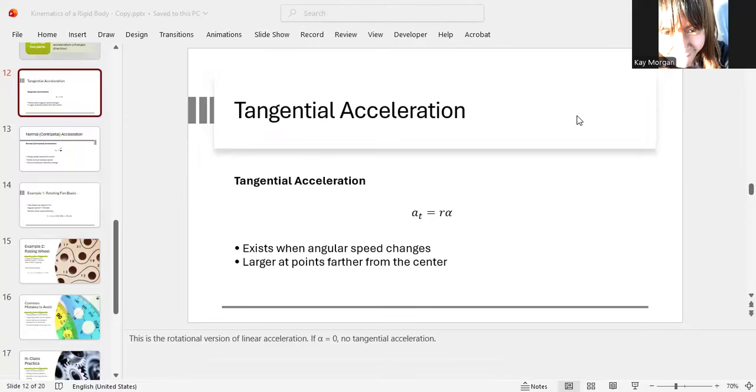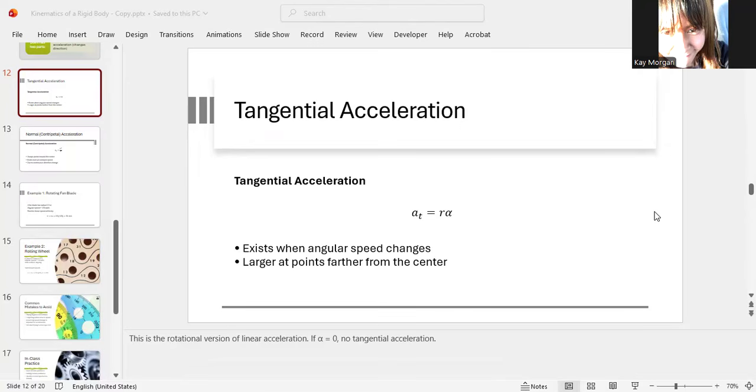All right, so now let's get into tangential acceleration, the very first part of the acceleration in rotation. Tangential acceleration is the part of the acceleration where we are looking at the change in speed during that rotation. It happens only when your angular speed is changing.